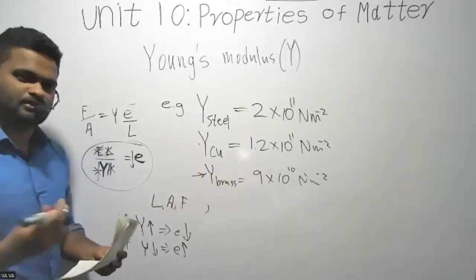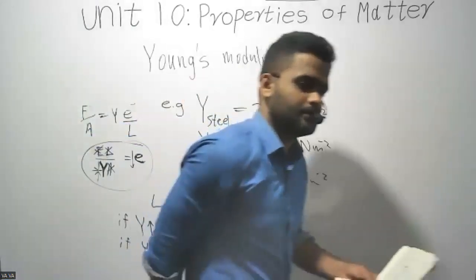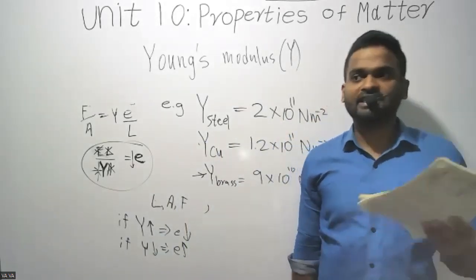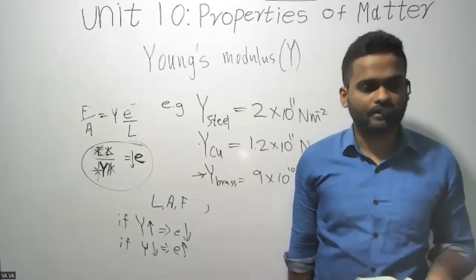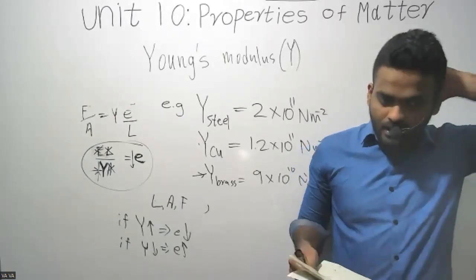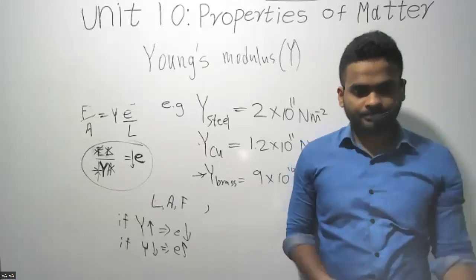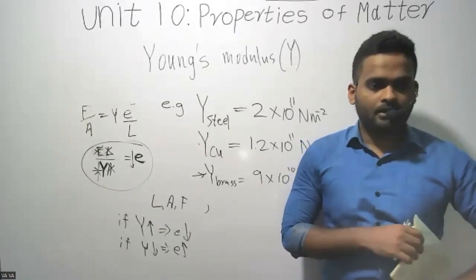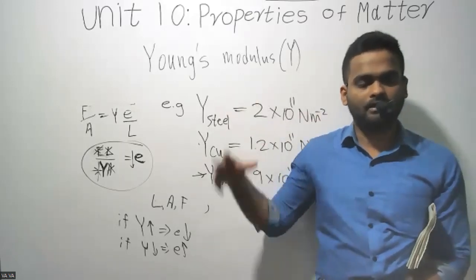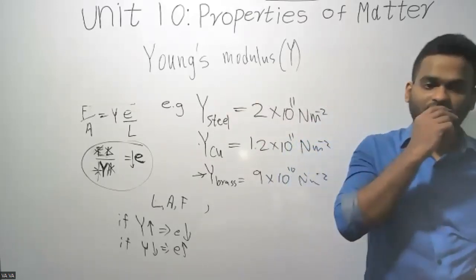Okay, so these are simple stuff, right? But I'm giving you these as theories because you will need these when you are doing questions, right? You will see that. Okay, so I have given you all the fundamental equations. Now we have to do some questions, right?